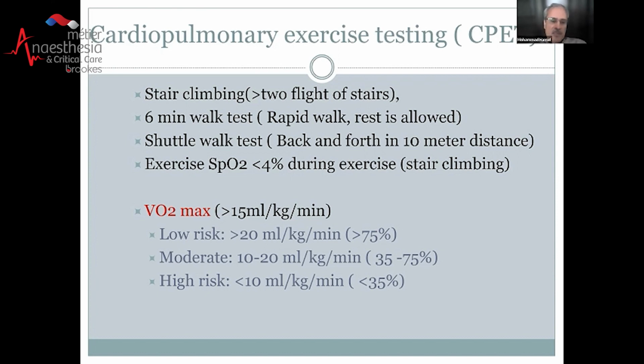VO2 max is the oxygen capacity of the patient, how much oxygen the body is extracting during exercise. If it's more than 20 ml per kg per minute, then it's called low risk. If it's moderate, 10 to 20 ml per kg per minute, and the risk is very high if it's less than 10 ml per kg per minute. And basically, these patients should not go for resection surgery.